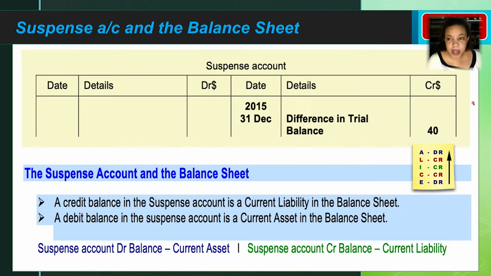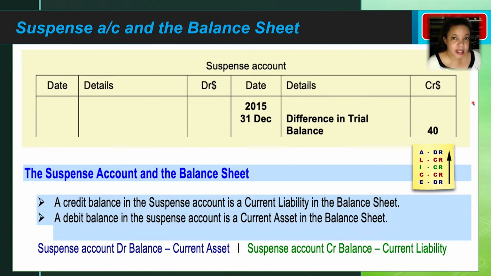The next part of the question is usually to correct. But remember, the only reason that we are actually opening a suspense account is because we have not found the errors, but we need to prepare our financial statements, which would be our income statements and our balance sheet.